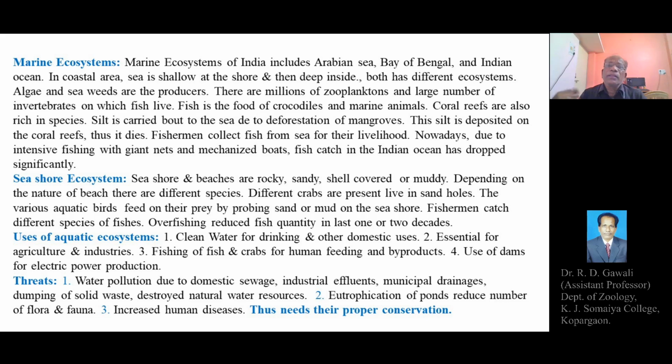And these freshwater aquatic ecosystems provide us clean water for drinking and other domestic uses.